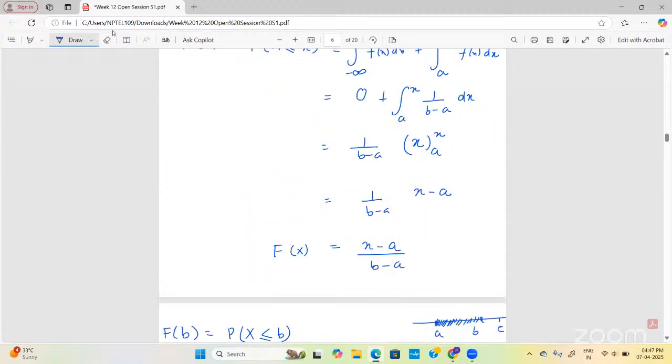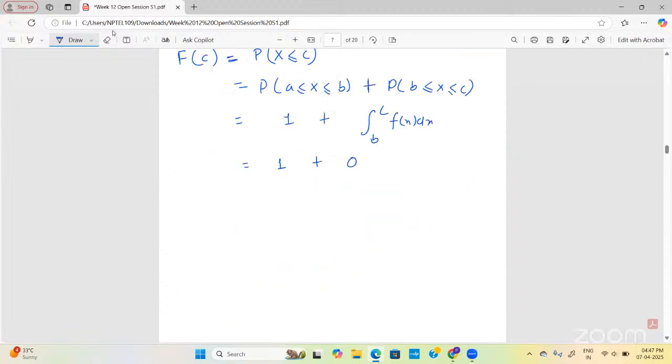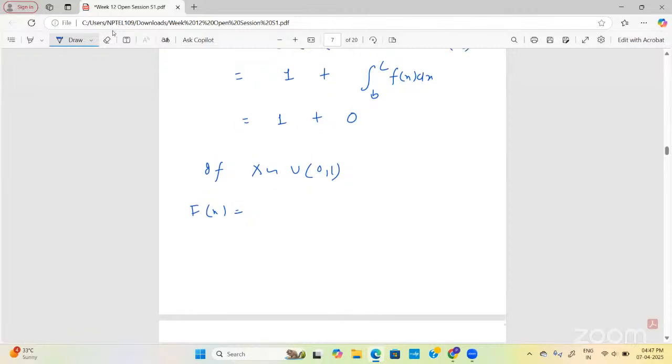If you have to find it for uniform, if X is following the standard uniform distribution, then what will be the CDF? Now you can directly use the above formula. So for x less than a, it will be 0. For (a, b), here it is 0 and 1.